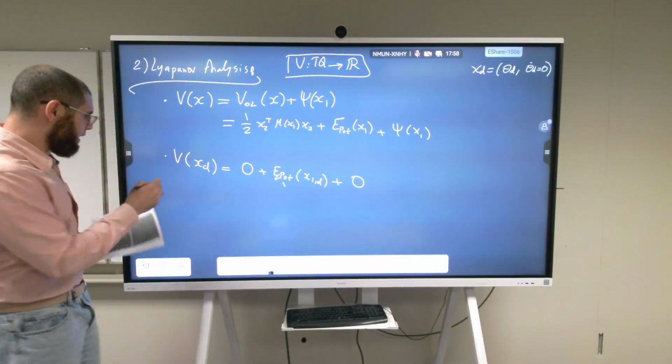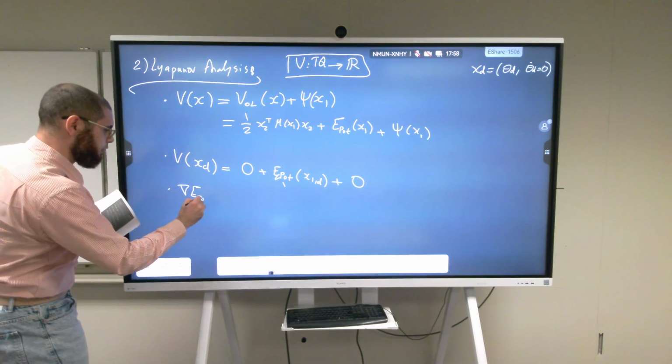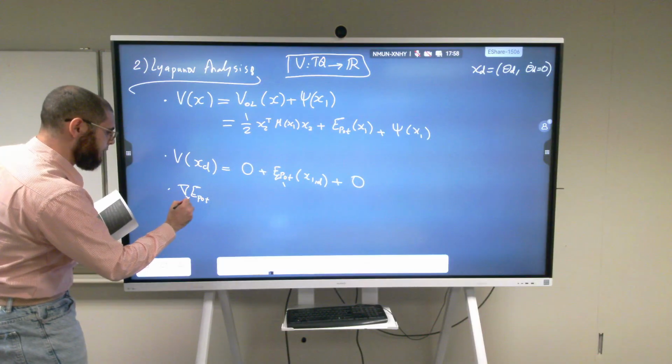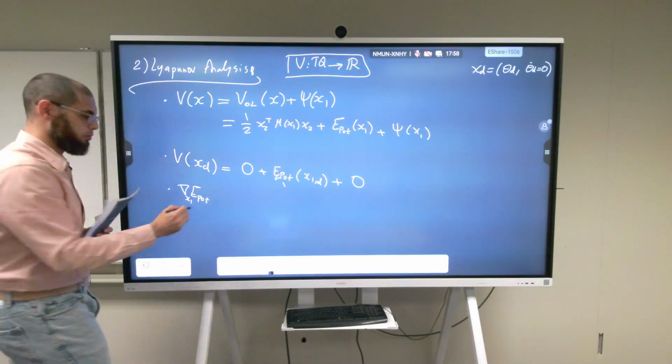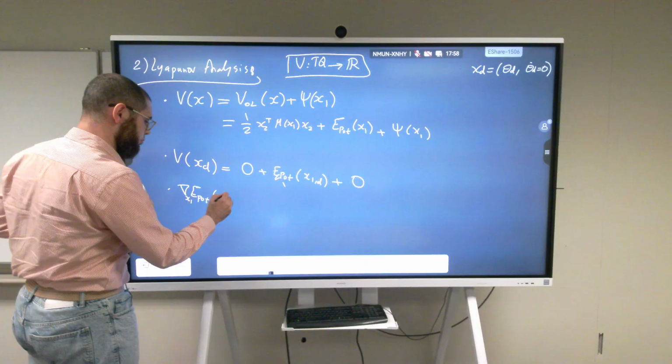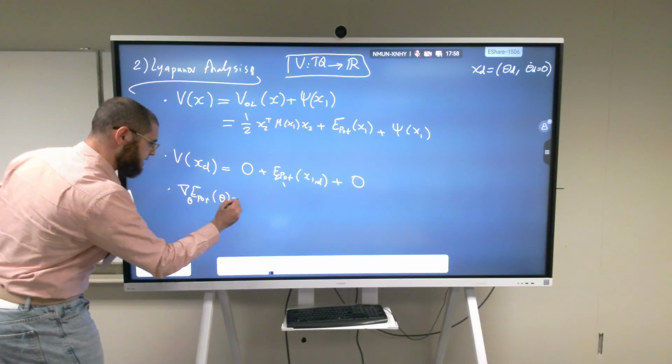What is the gradient of E potential with respect to x1, with respect to the theta? What is it equal to? Come on, guys. It's the gravity torques.